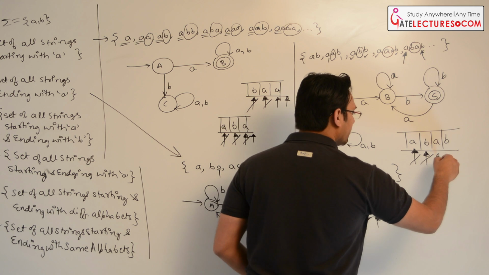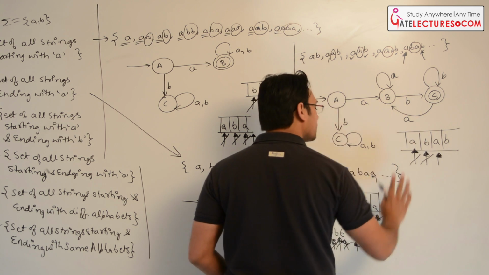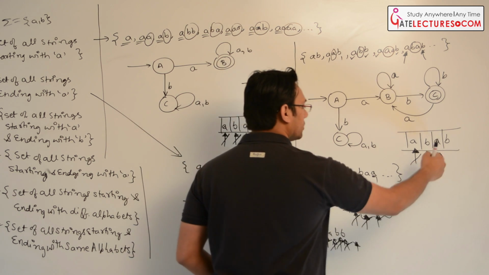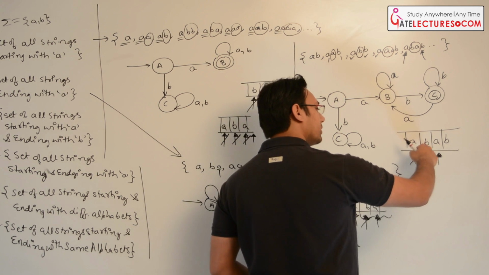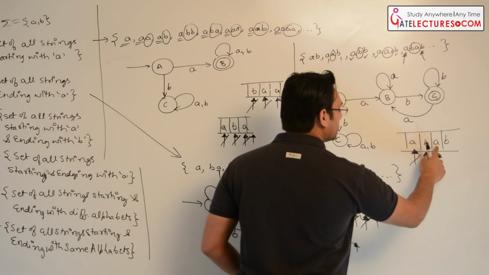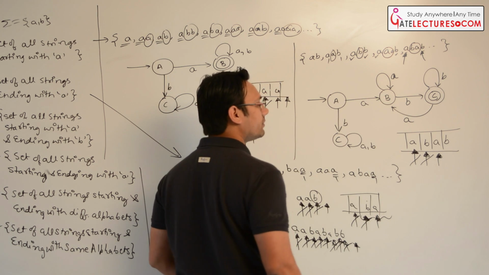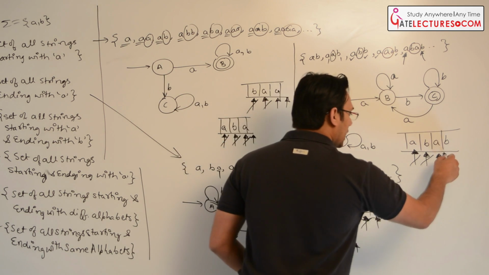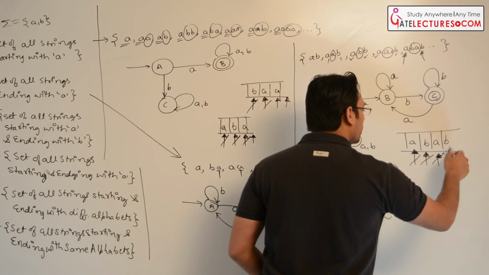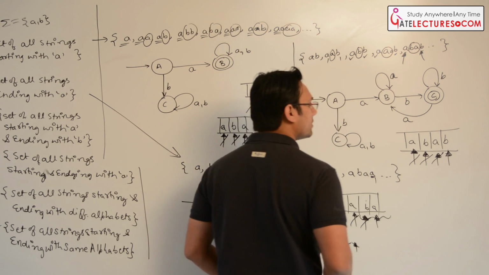After reading the third symbol, we found out that this B was not the last symbol. Maybe this A is the last symbol. Therefore, the string is not ending with B, so we should go to a state which is not a final state. After reading this last B, we found out that this A was not the last symbol, this B is the last symbol.